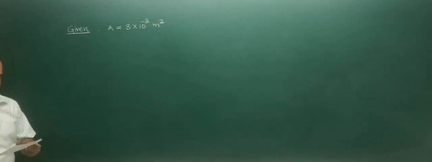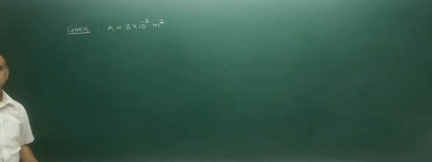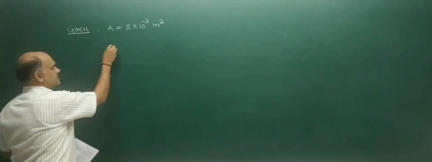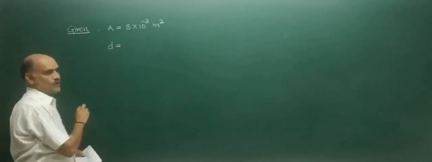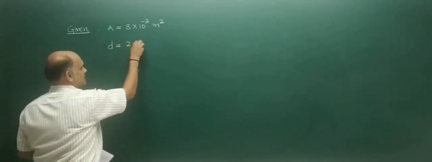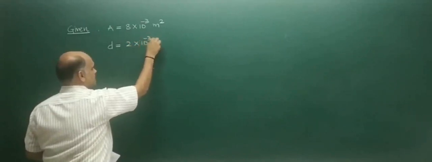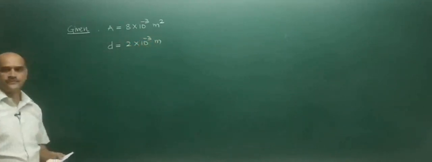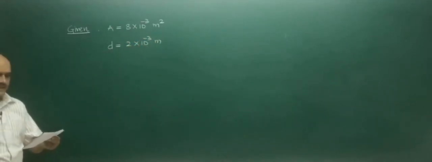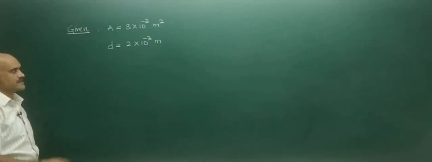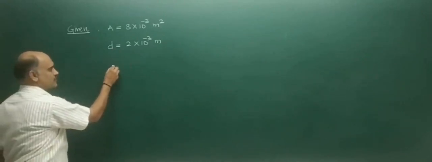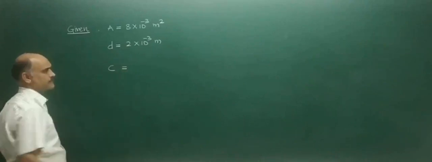And the distance between plates is 2 mm. So he has given small d, 2 mm, that is 2 into 10 raised to minus 3 meters. Calculate capacitance of the capacitor. So the first part, we are required to calculate C.